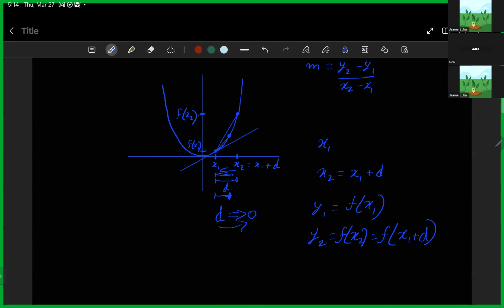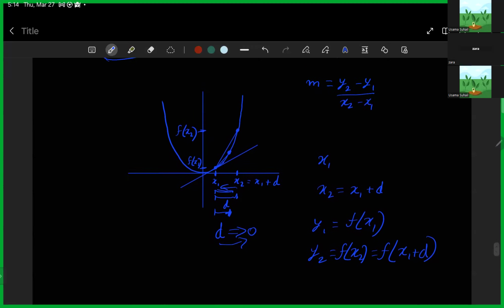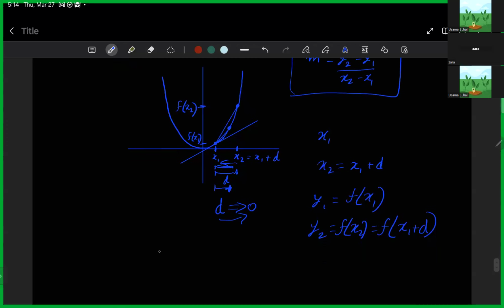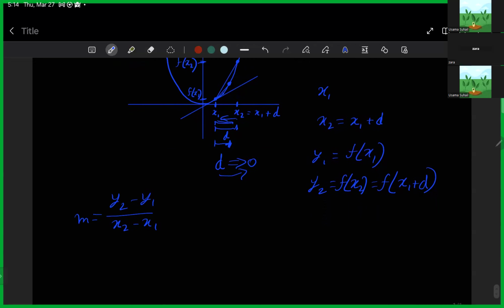So what we do now is we will be using this formula right here. The gradient of a line is y2 minus y1 over x2 minus x1. Same formula we will be using for the curve.